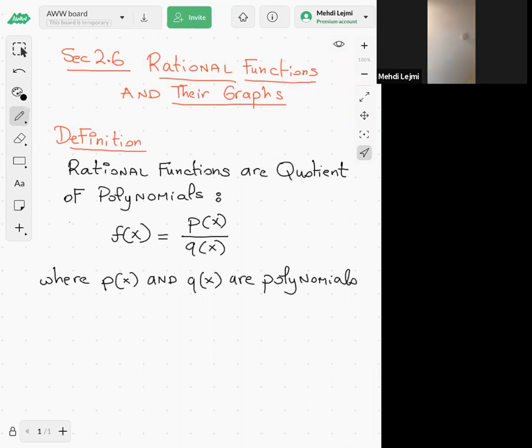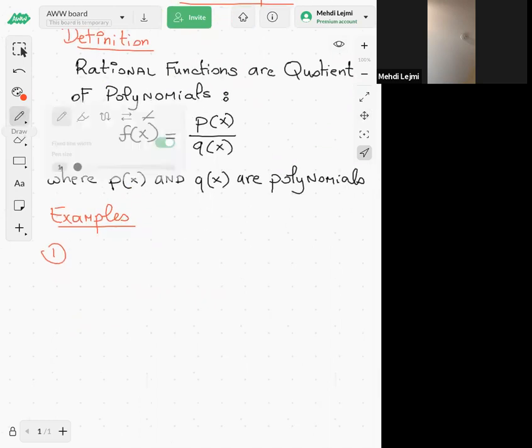Right? So for example, let's say f of x equals x squared minus x plus 1 over 3x cubed minus 2x squared plus 2.